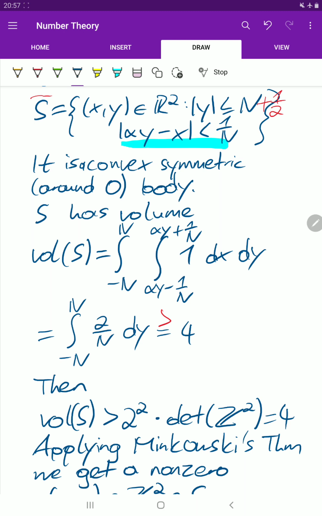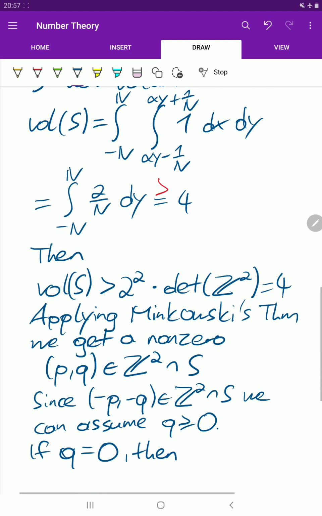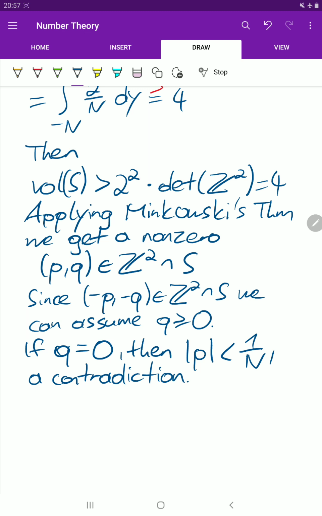We have this, |alpha q minus p| is less than 1 over n, so then we would get that the norm of p was less than 1 over n, but p was an integer, and so it would have to be 0, but we assumed the point (p, q) is not the 0 point, so this gives a contradiction. And this then proves the claim.